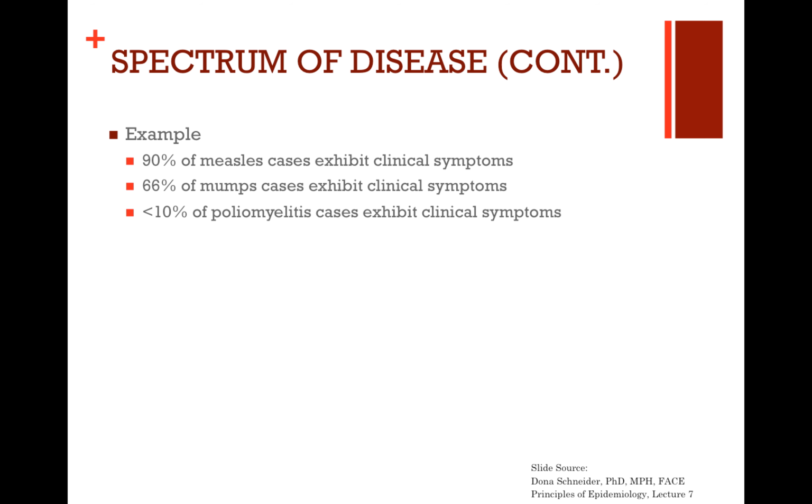With measles, particularly for women who are pregnant or of childbearing age, you can cause significant problems to the fetus. For mumps, it's very uncomfortable and can be particularly uncomfortable for men, as this tends to affect your testicles. And for polio, it can cause significant disability and death. So while most people who are exposed to polio would not show clinical symptoms, those that do are going to have significant negative consequences.